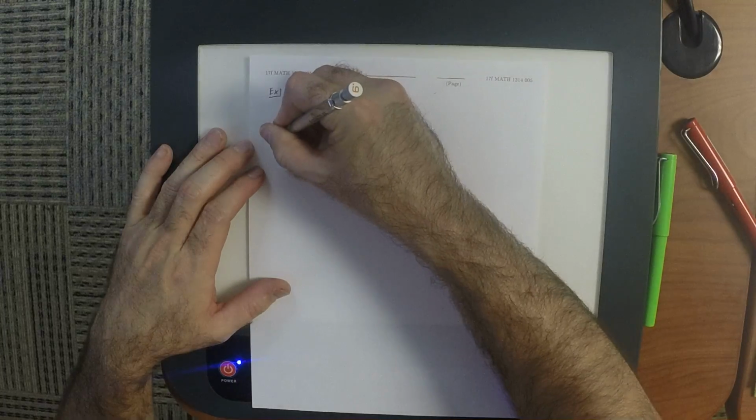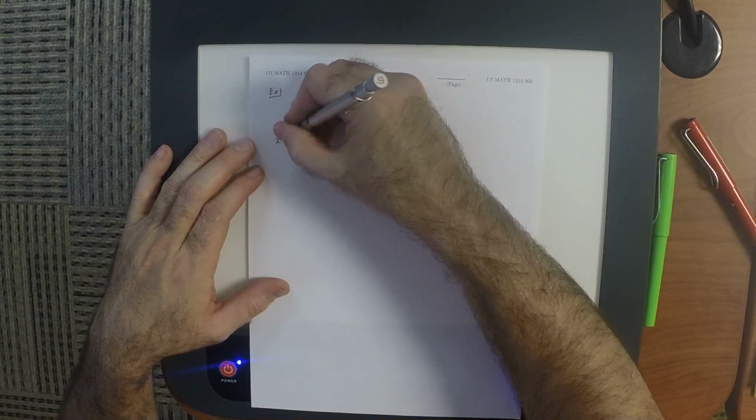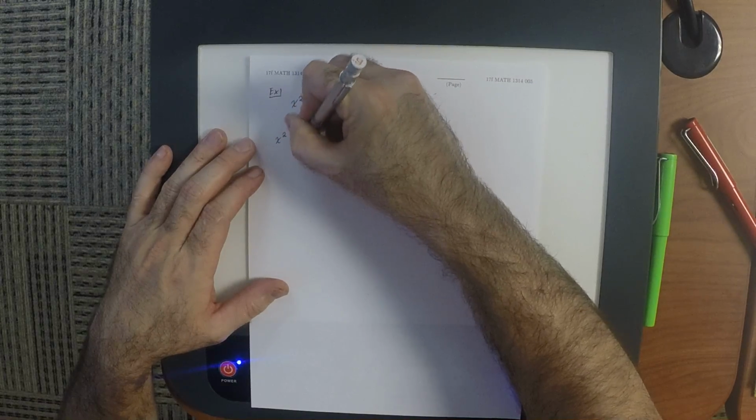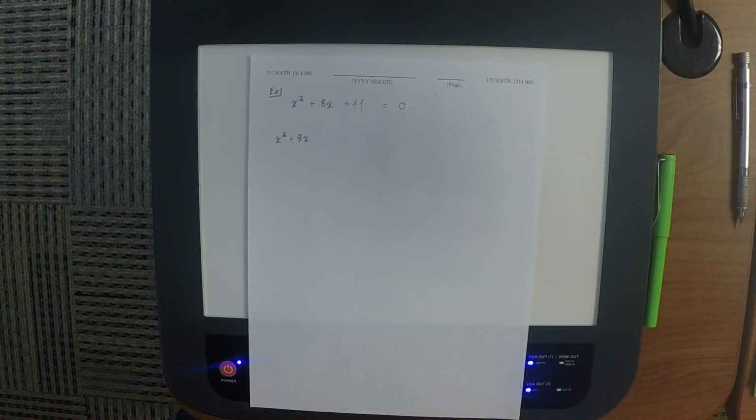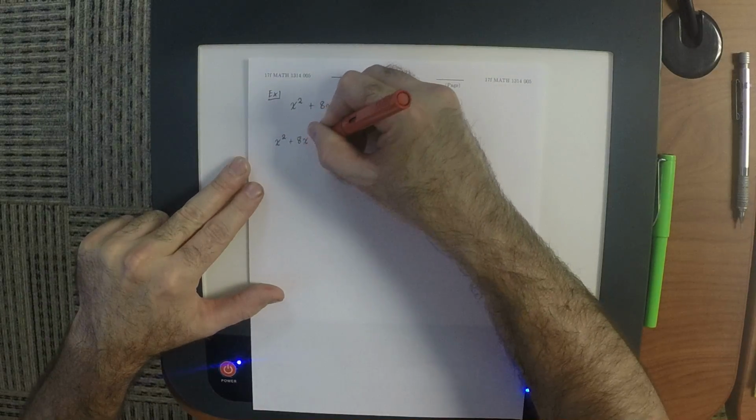What I'm going to do is add something to the left-hand side, and it's the only thing you can add to just one side without changing the equation. What's the only thing you can add? 0, right? The only thing you can multiply by is 1, because that's the same as doing nothing. The only thing you can add is 0. So I'm going to add 0.